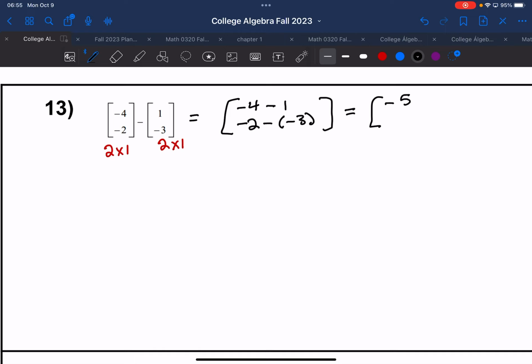What happens when we minus a negative? It turns into a positive, so -2 plus 3 is 1. Meaning our answer for this is -5, 1, which is a 2 by 1 matrix. Okay. It has to match the 2 that you are adding and subtracting. If you end up with like a 3 by 2 matrix, then you did something wrong.